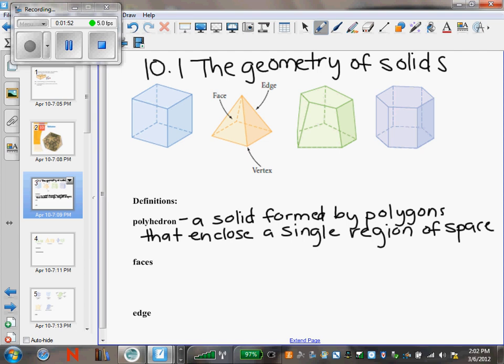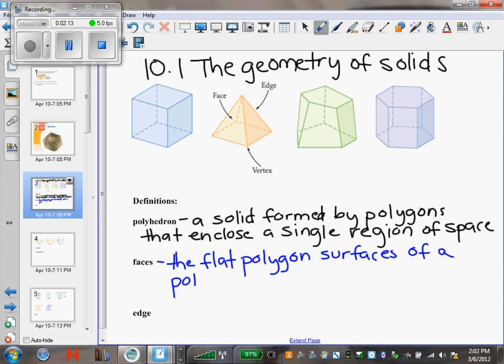The faces, which we've talked about a little bit already, are the flat polygons that make up the polyhedron. Edge is the next definition, and edge is this line segment where two faces intersect.